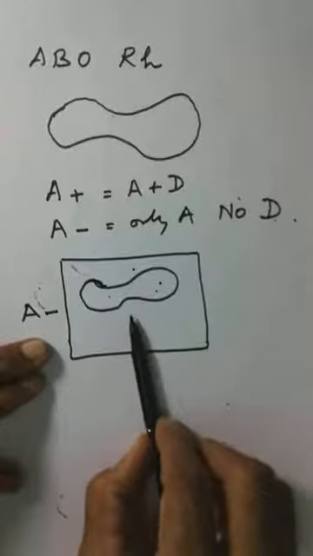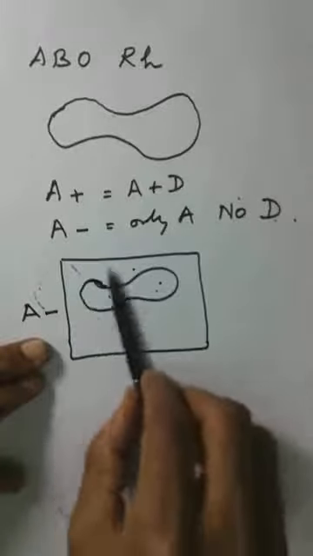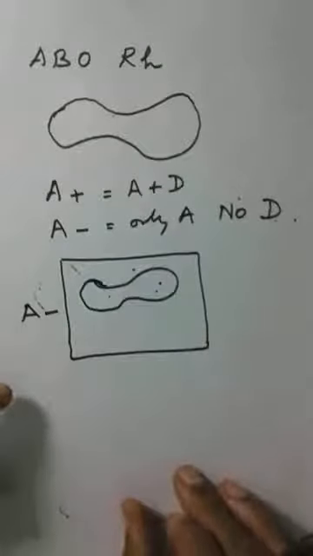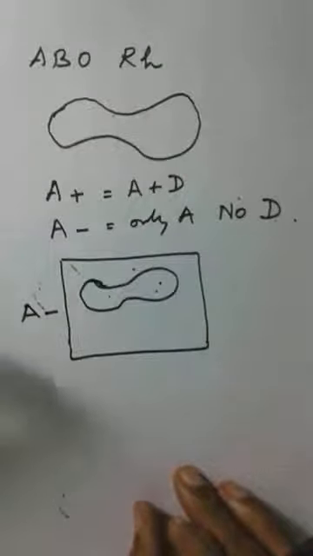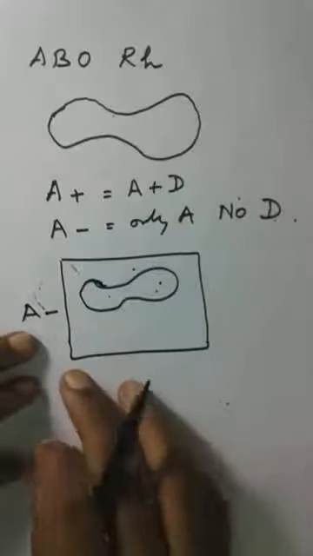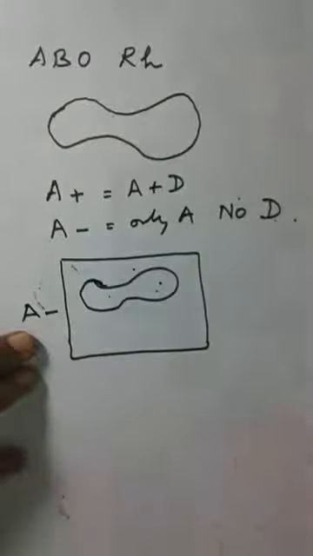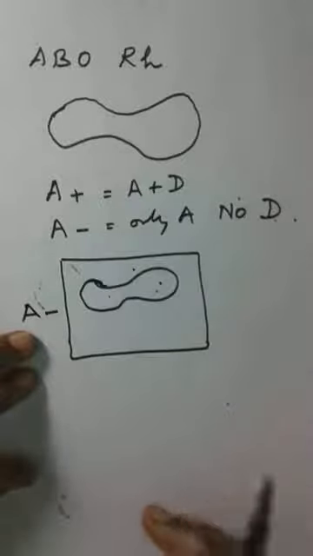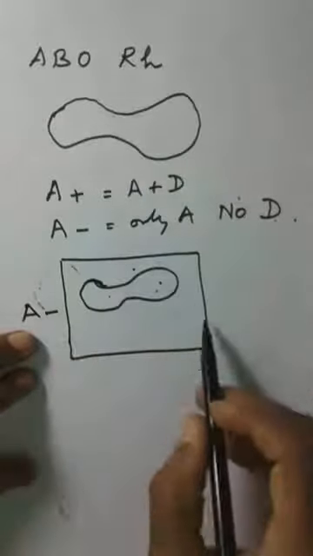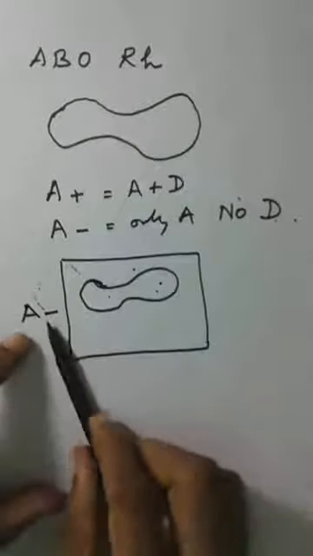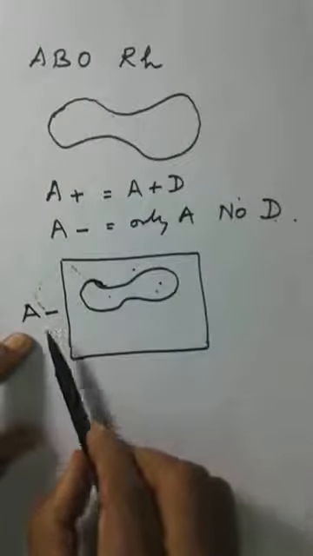This will form anti-D. So especially when we talk about mother and child, that I will explain later only. When we talk about mother and child, this is very important.